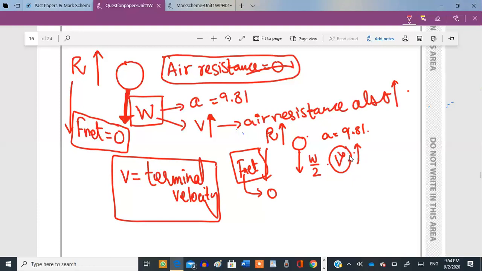For example, initially the speed was 0, then it increases to 10, then 20, and it keeps on going until a time comes when the resistive force balances out the weight and the net force becomes 0. That was a time when the velocity might have reached 50. Then it will not increase further, but rather will stay at this velocity, and it will keep on falling at this particular terminal velocity.